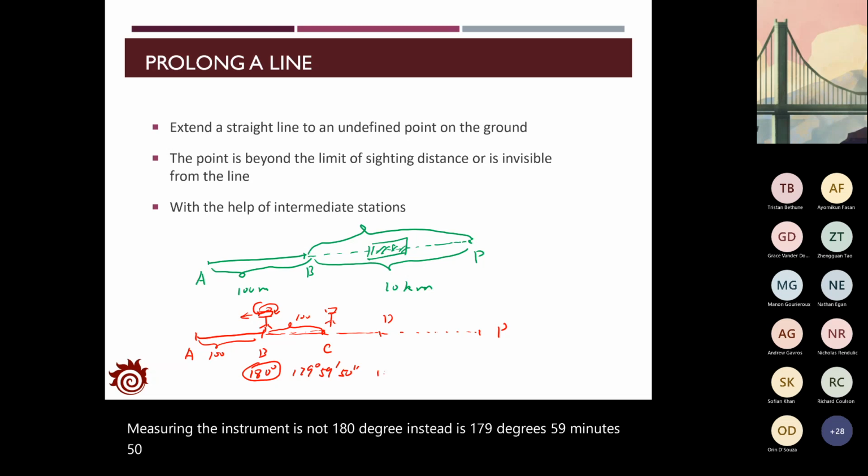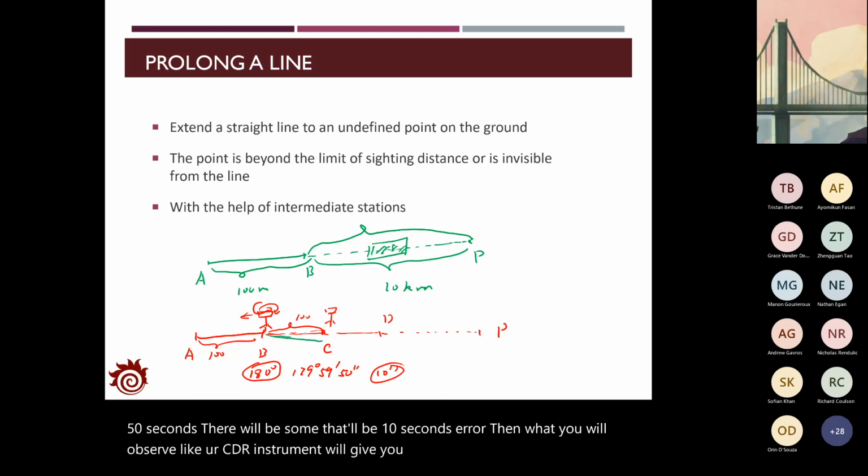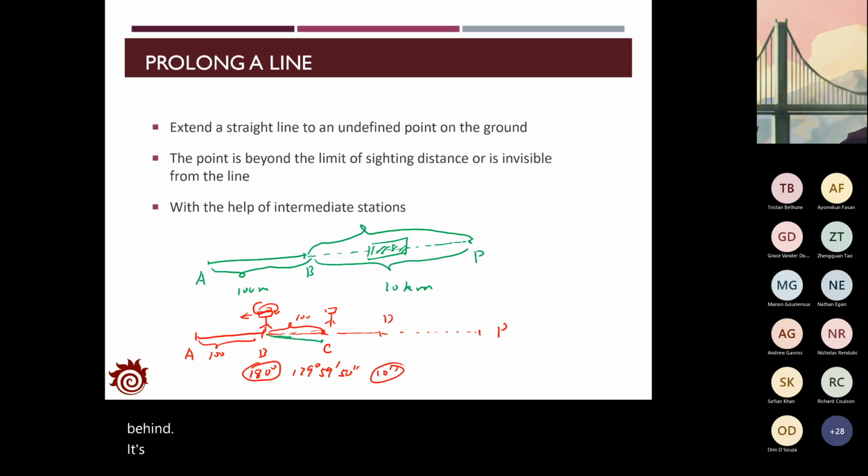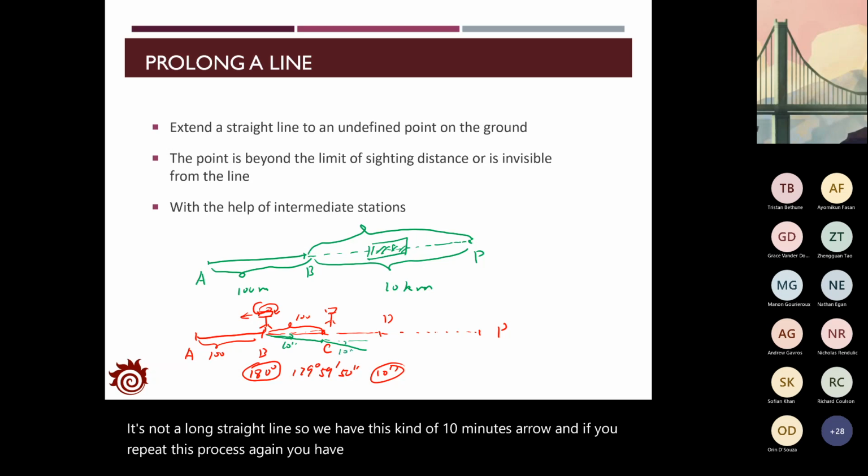There will be 10 seconds error. Then what you will observe is that the instrument will give you a direction that is a little bit behind. It's not along the straight line, so you have this kind of 10 seconds error. And if you repeat this process again, you have another 10 seconds error.